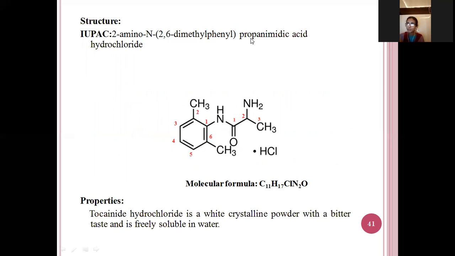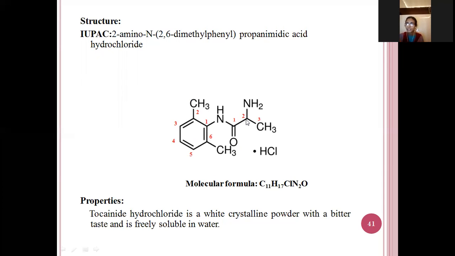This is the structure, and the IUPAC name is 2-amino 2,6-dimethyl propionic acid hydrochloride. See here in the structure, this is a phenyl. For the phenyl, in the second and sixth positions, two methyl groups are there, and here 1, 2, 3, three carbon atoms are there, so it is a propionic acid.